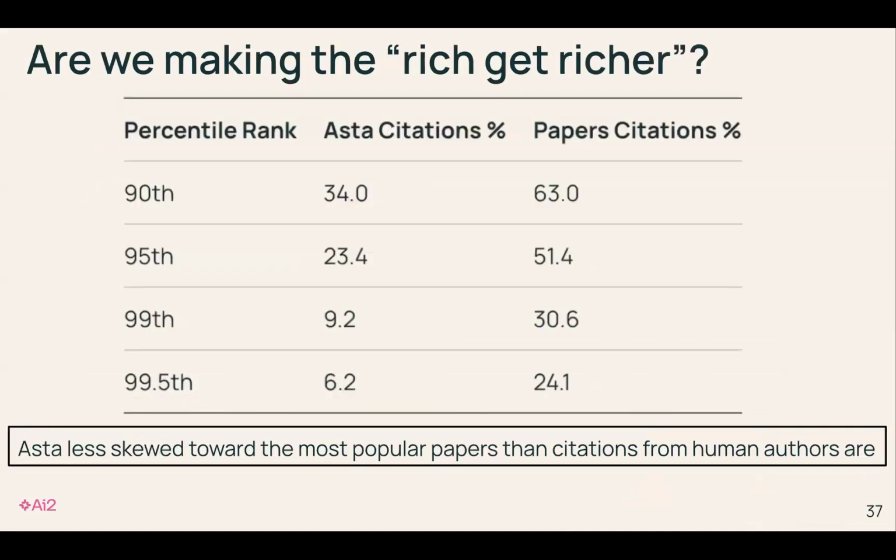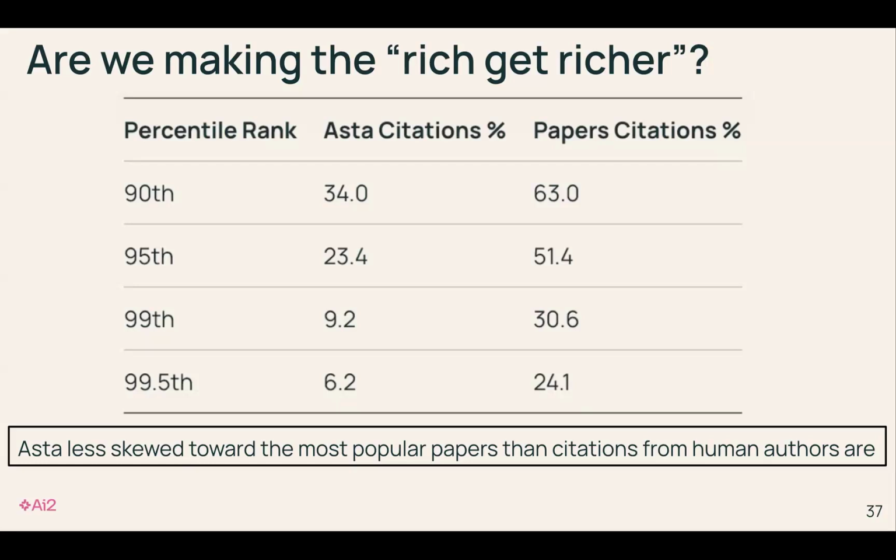And this I thought was an interesting analysis. A concern with AI tools is that they're going to focus more attention on the most cited and most popular work and end up crowding out other less prominent work that is still important. What we're seeing so far in the statistics of what we're returning is the opposite. When you compare how often Asta cites the most prominent work in its reports, it actually cites the most prominent stuff less often than human authors do when they write papers.